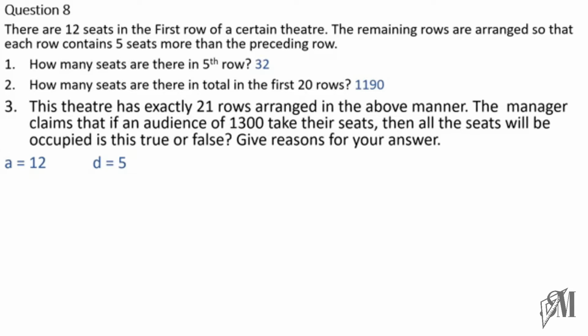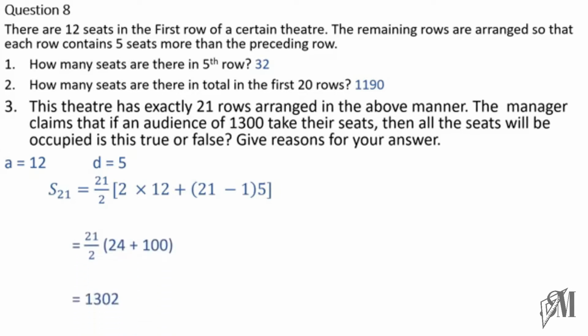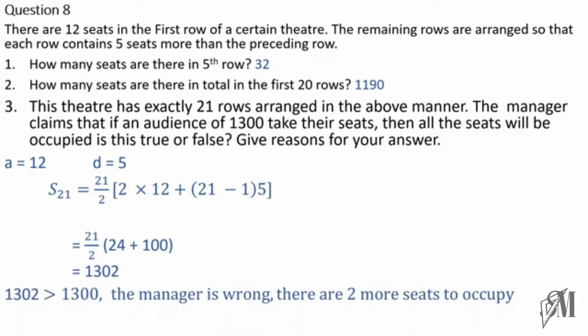So you have to put the equation of Sn, substitute the values and find out how many seats there are in the first 21 rows. Once you do the substitution like this, you get 1302. This is more than 1300. So if 1300 audience take seats, 2 seats will be extra. Therefore, the manager is wrong.